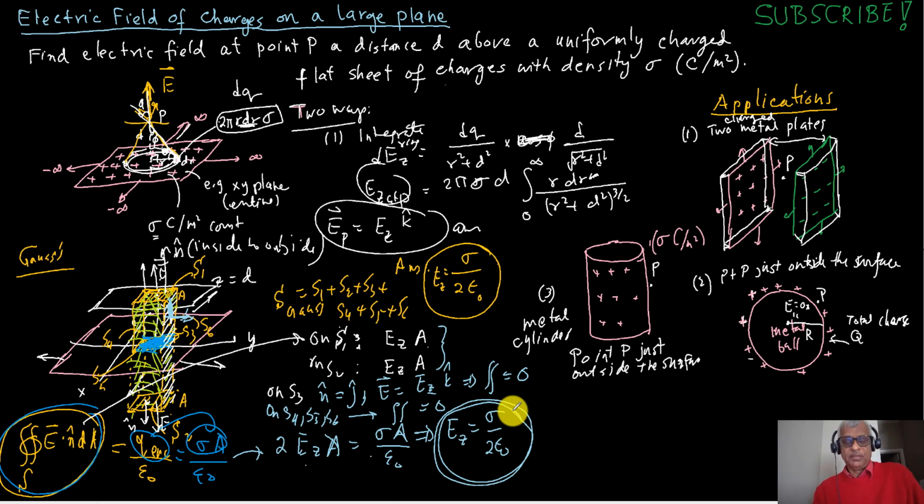So we have an answer to this problem: if you have one charge sheet, you are going to get an electric field like this.